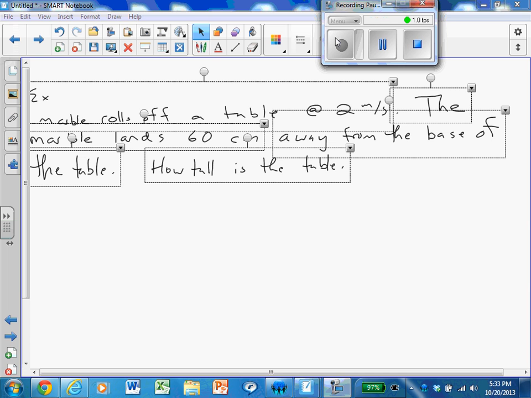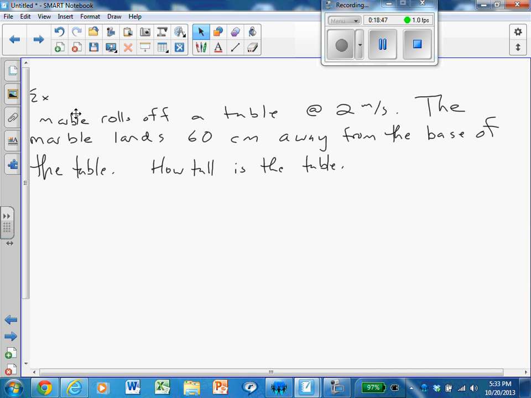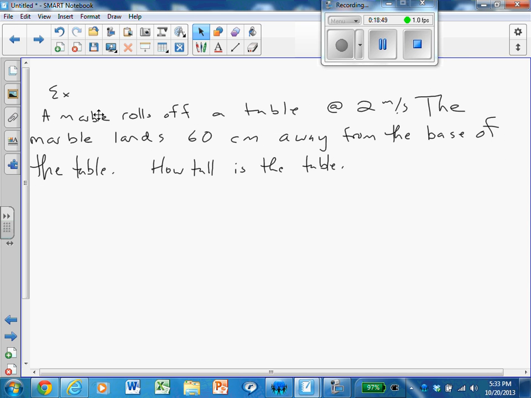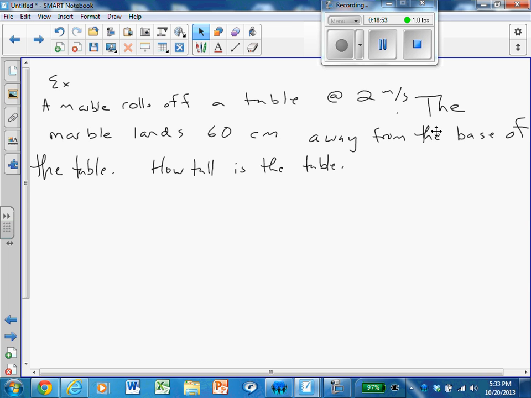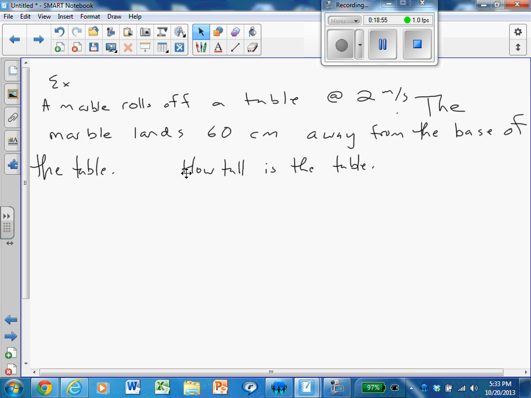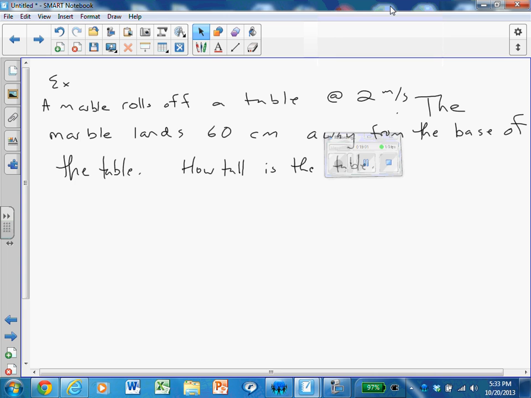All right, in our next problem, a marble rolls off the edge of a table and lands 60 centimeters away from the base of the table. We want to know how tall the table is. So to do that, let's start with a picture. We have our table top.